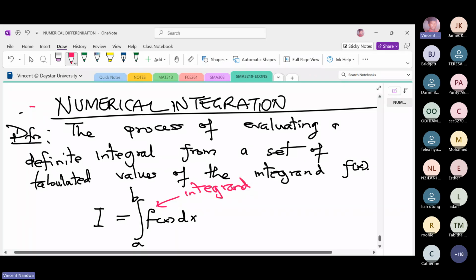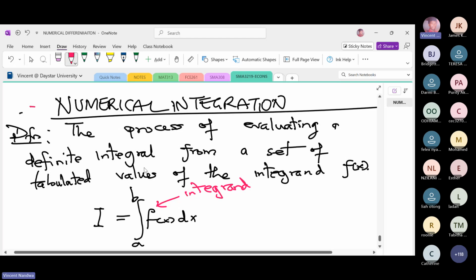And so this process of integration is key when the function f of x, or the integrand, is not easy to evaluate using the methods we discussed in calculus 2, or when the function is not given, but just the values of the function at specified values of x are given in a given interval.